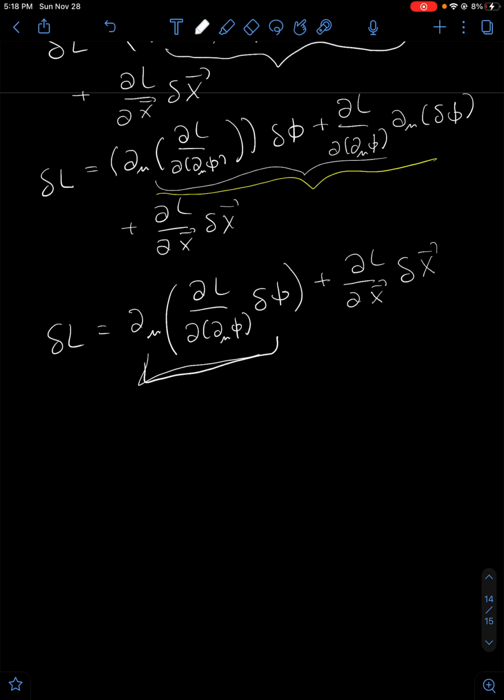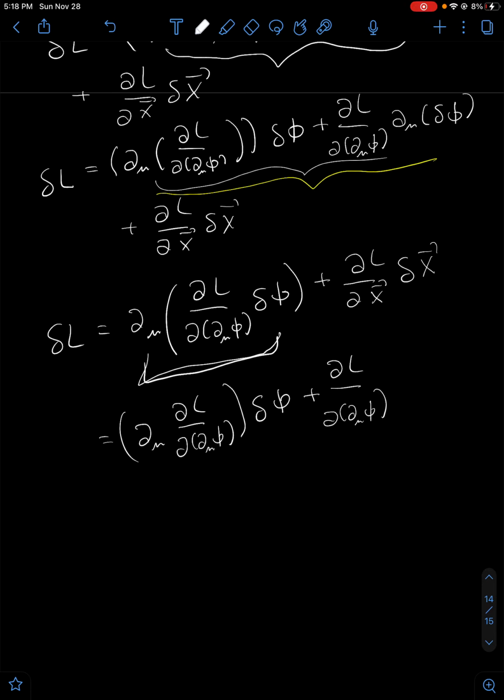So if we were to expand this, it would just be partial mu of partial L over partial mu phi times delta phi, and then plus partial L over partial mu phi times partial mu of delta phi, right?